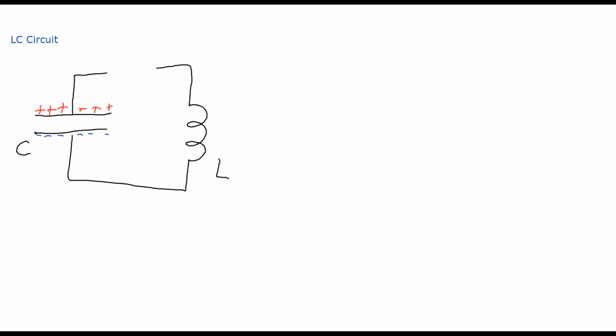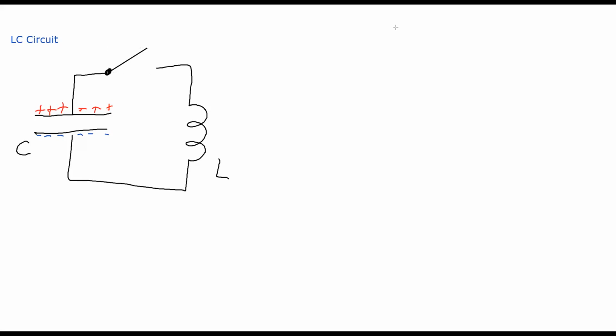I'm going to have the switch open for now, right? It's not closed. So with the switch open, nothing's going to happen. That charge is going to stay there. It's not going to move. So after I close the switch, what is going to happen to this circuit?